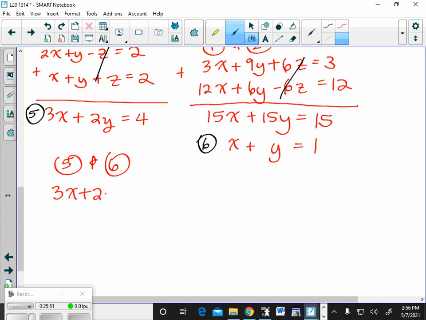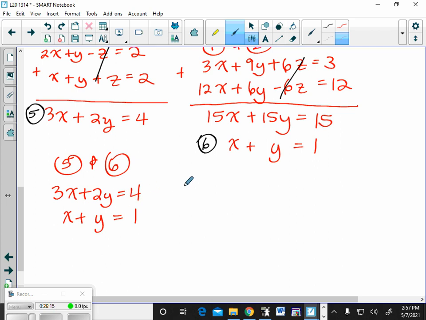3x plus 2y equals 4. 15x plus 15, oh no, let's just use the simplified one. X plus y equals 1. Okay, so let's take a look at this.